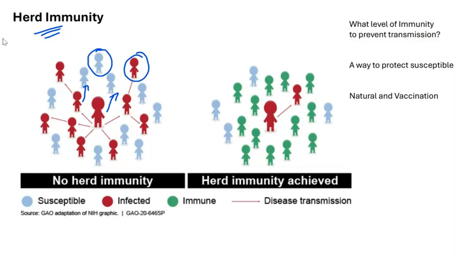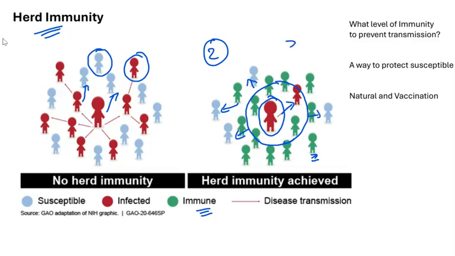But you can see here in the second diagram, where vaccination has occurred, that the people in green have been vaccinated. They have already gone through the primary response. And so whilst we have the infected individual here, perhaps infecting one or two people, there's a barrier of immunity around those individuals, preventing transmission to the susceptible people.